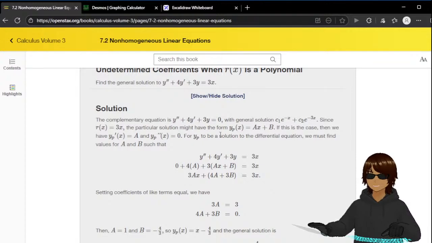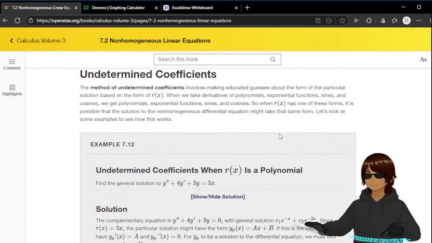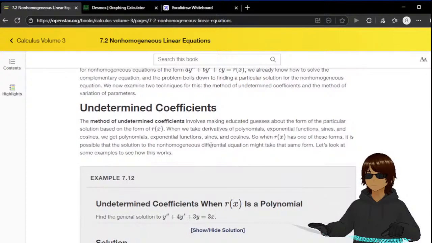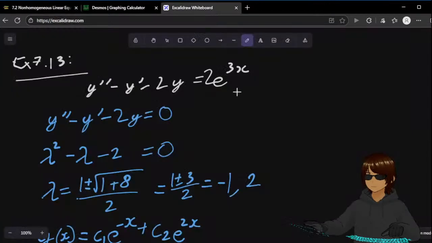The text says the particular solution might have the form ax plus b, and that it involves making educated guesses, since when we take derivatives of polynomials, exponential functions, sines, and cosines, we get polynomials, exponential functions, sines, and cosines.